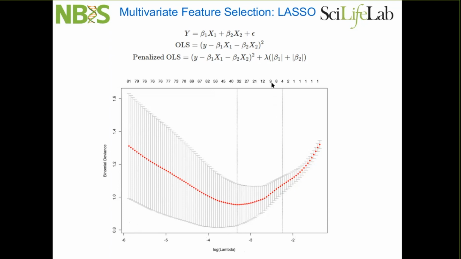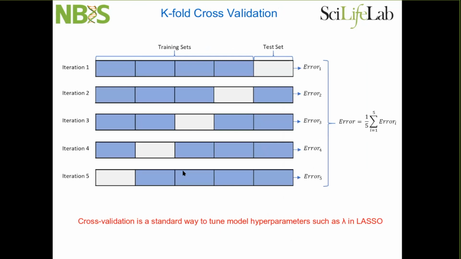Now, how do you compute the error of your model? You compute it through, as I said, a cross-validation procedure. Here I explain what k-fold cross-validation is. There are other types of cross-validation, but for simplicity this is what I mean.